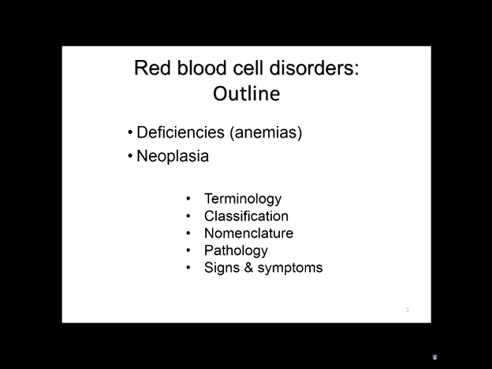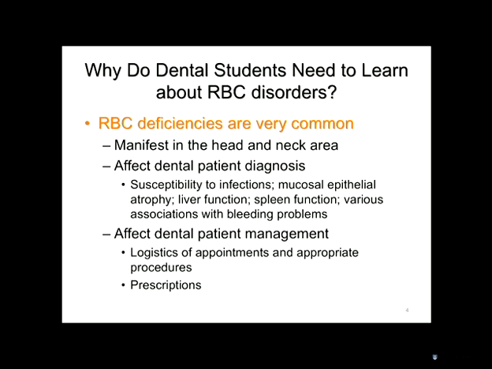Neoplasia is much less common, and no matter which aspect of the disorder we're talking about, we always need to know terminology. We will talk about classification, and I'll explain why that's helpful. We'll talk about nomenclature, pathology, signs, and symptoms, okay? So pretty much the same kind of thing we do every time with every lecture. So I don't need to belabor this.